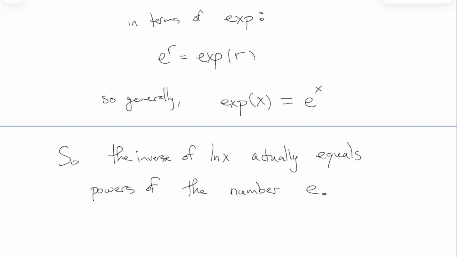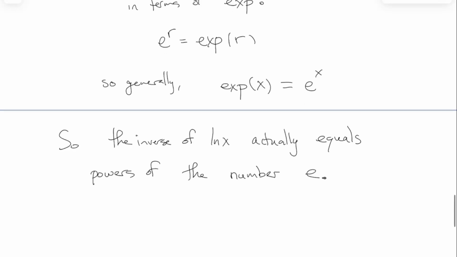The inverse of the natural log actually equals powers of this number e. So the inverse of the natural log is this function e to the x. And now I'm not going to write exp anymore because we have a better way of writing that function.